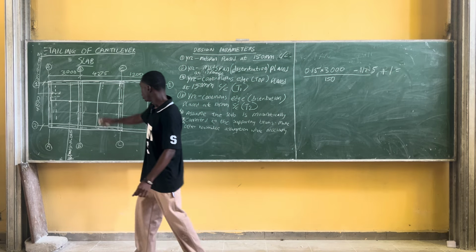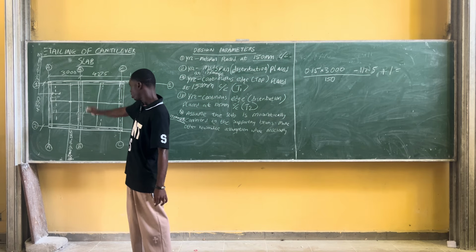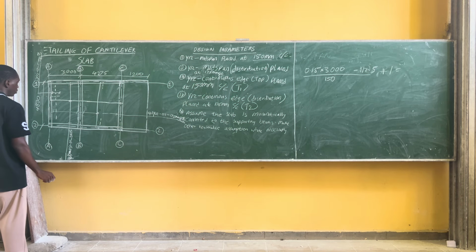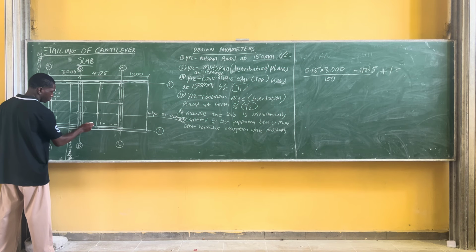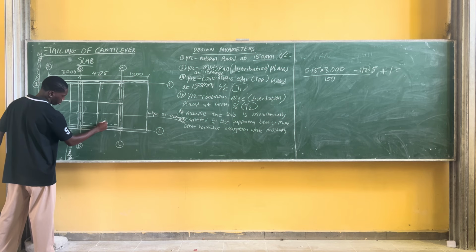Now we are working on this one. First of all, we are working on all the T's, T1 inside this cantilever slab. So I'll draw here. Here I'll put a span from here to here and a donut.